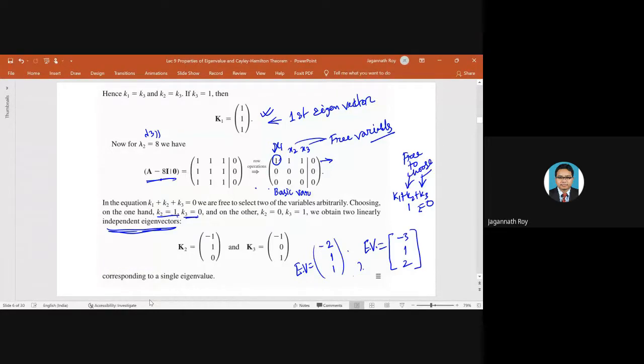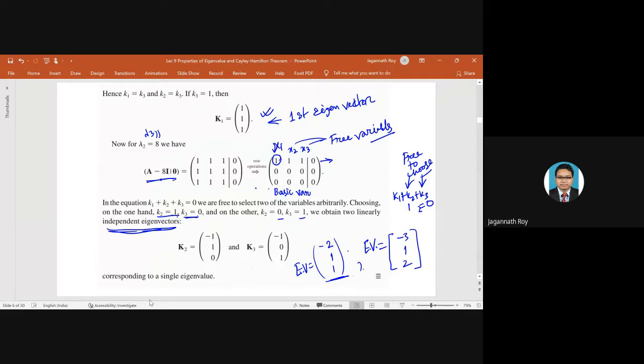But if you choose 0 and 1, then it will be easily understandable. Otherwise, you may not be able to find out which vectors are actually linearly independent, because there are infinite number of choices.